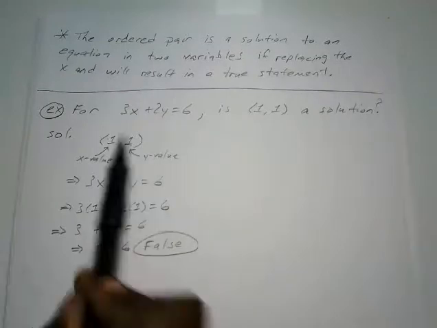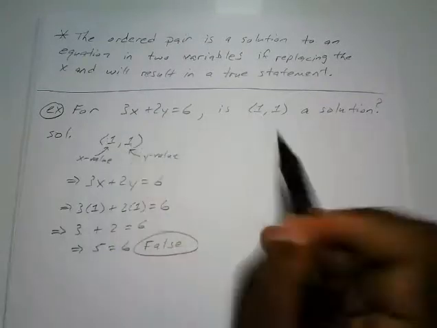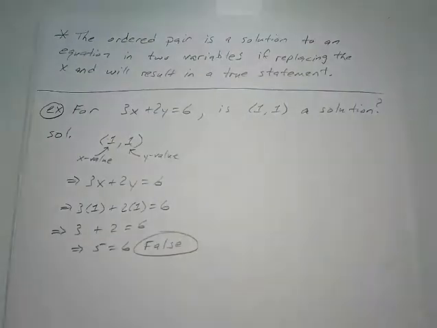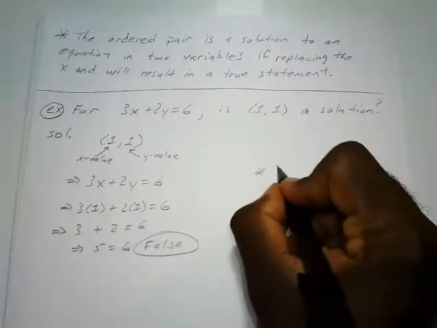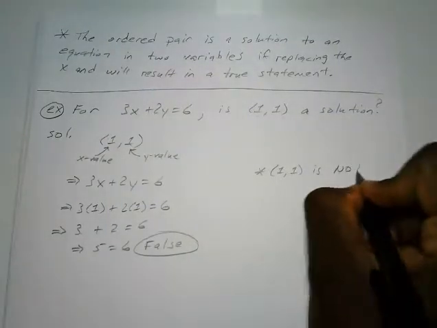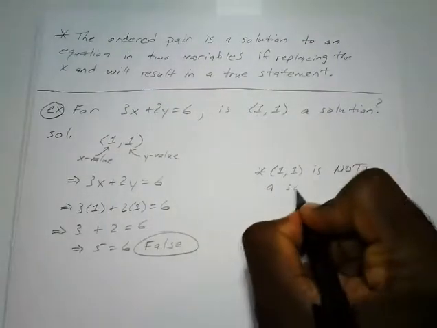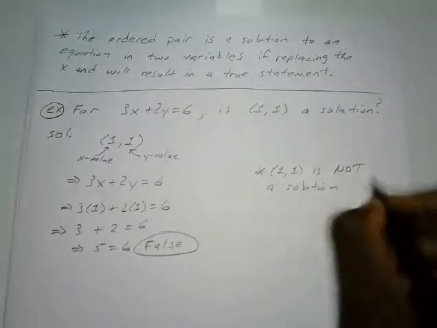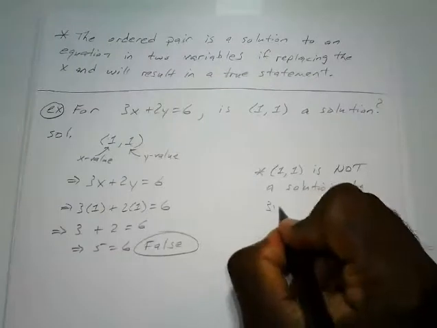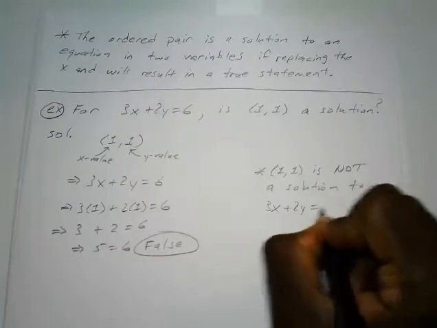Okay, so the fact that plugging in x and y gave us a false statement, we know that the ordered pair 1, 1 is not a solution to 3x plus 2y equals 6.